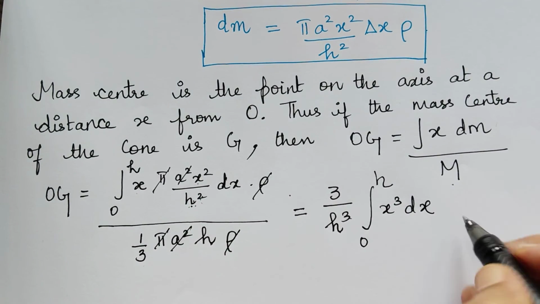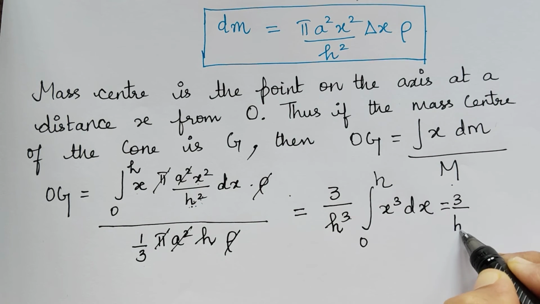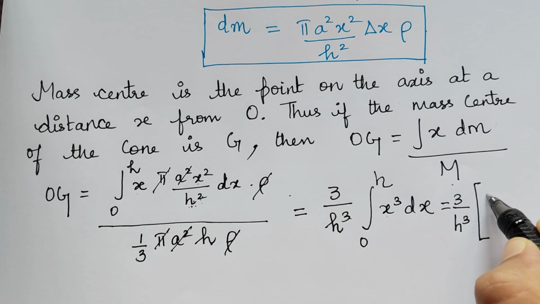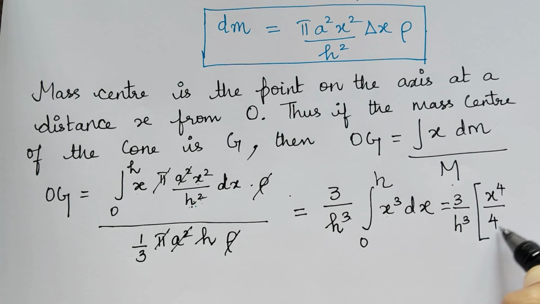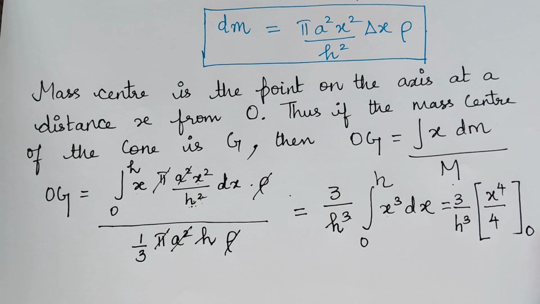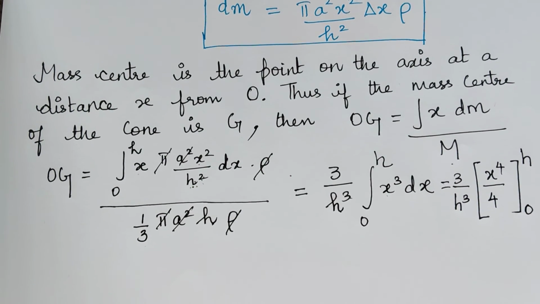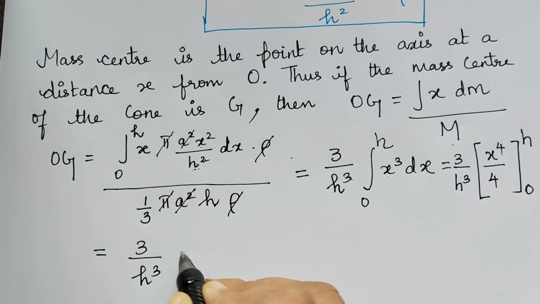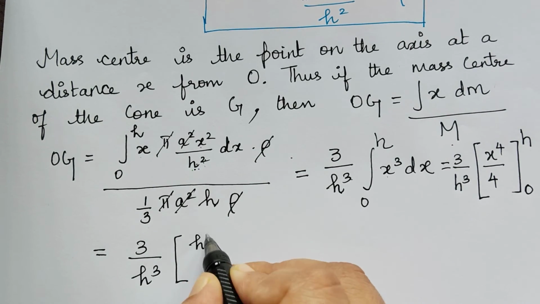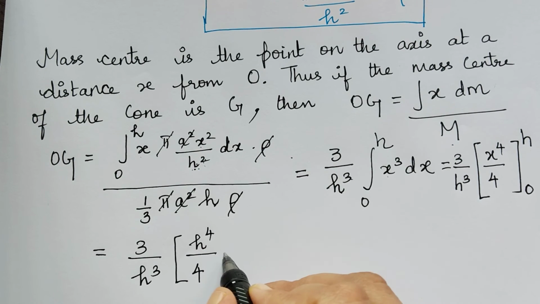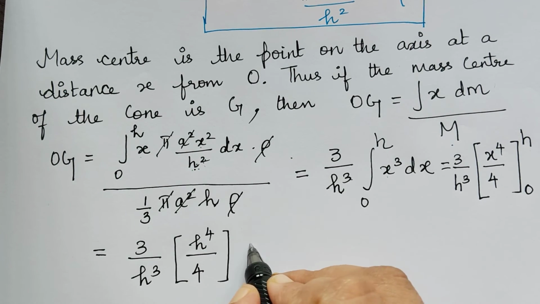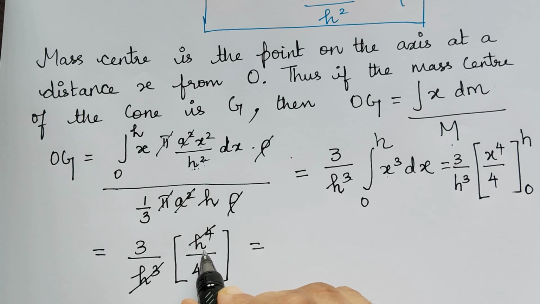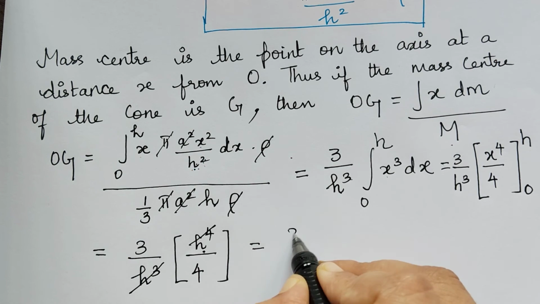And further, on integration this will give us 3 by h cube, and x cube becomes x power 4 by 4, between the limits 0 and h. Now substituting the upper limit and the lower limit, we get 3 by h cube multiplied with the upper limit h power 4 by 4 minus the lower limit, which is 0, and so h cube gets cancelled and we have only one h.